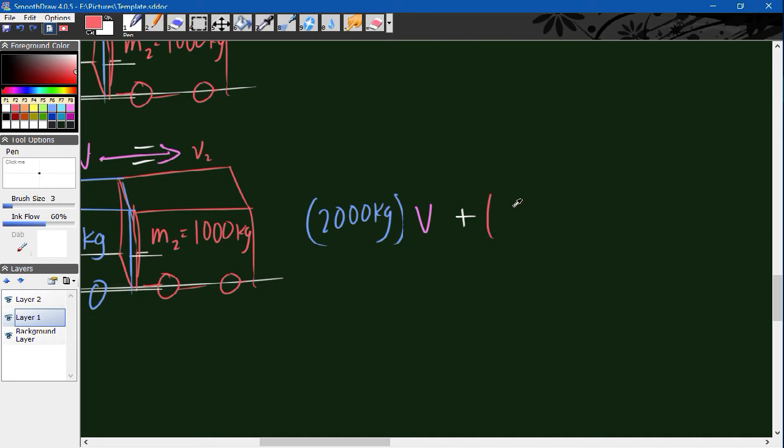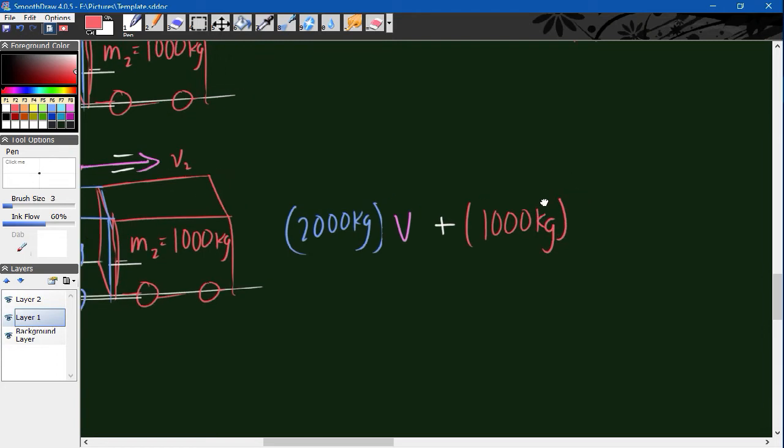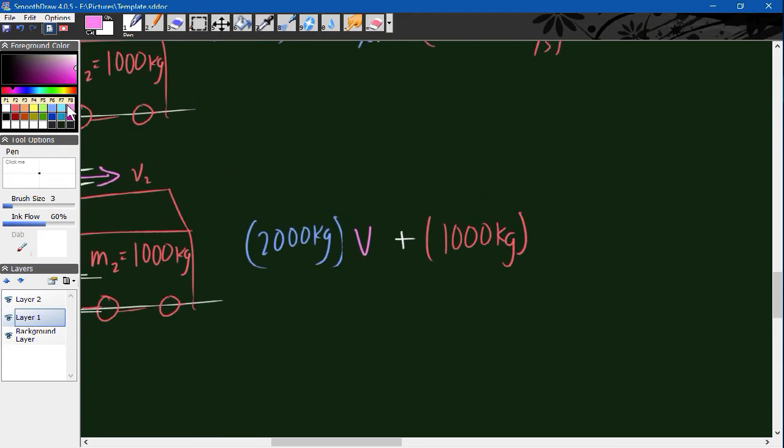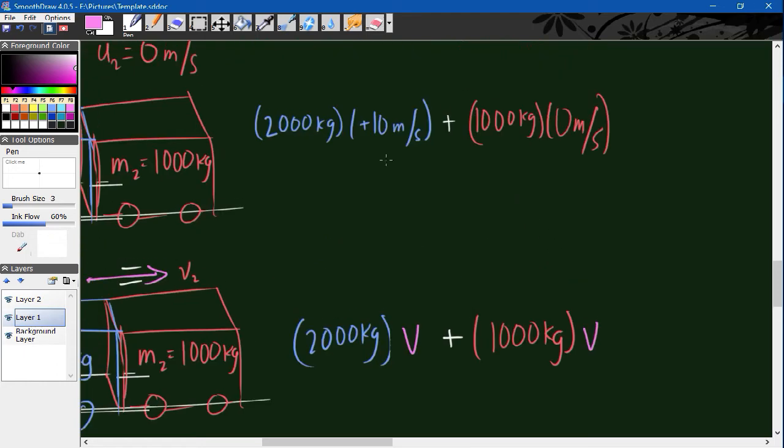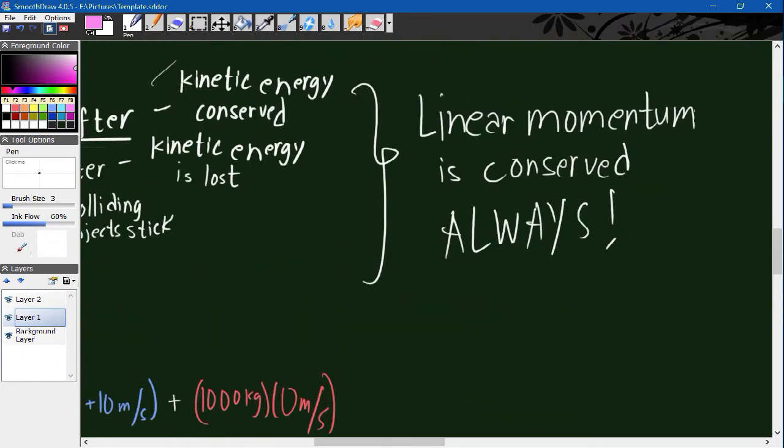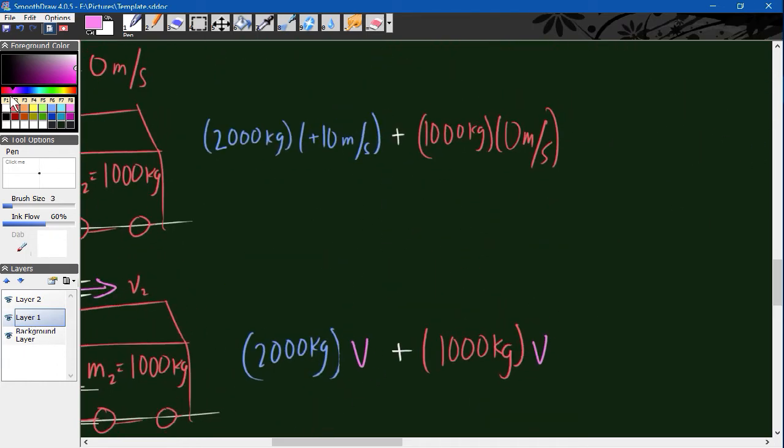And remember, linear momentum is always conserved. So therefore, these two should be equal to each other.